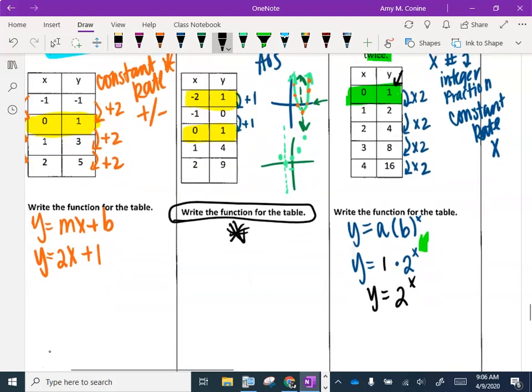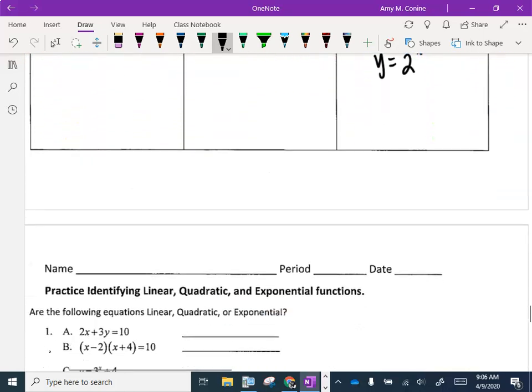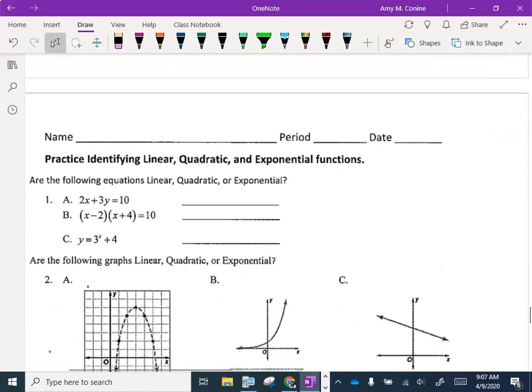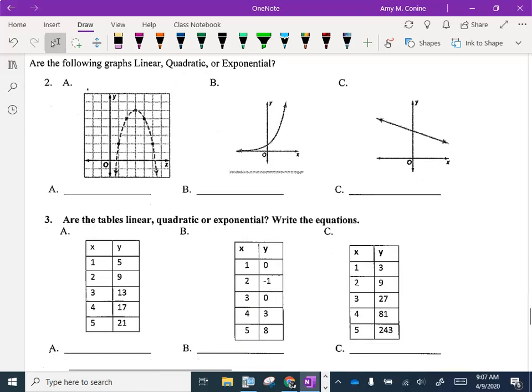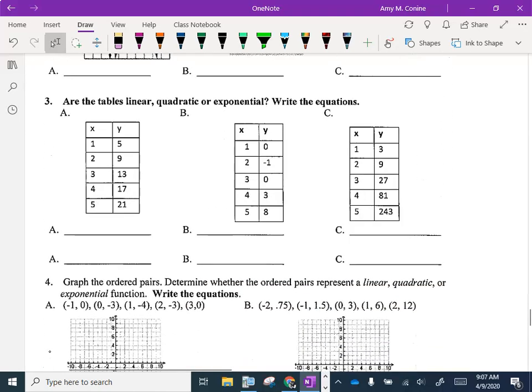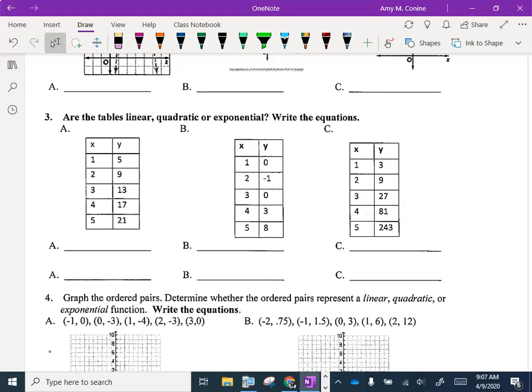All right, so let's go to this part of the practice. All right, so scroll down, we're going to do this part of the practice. So I want to take a look at B. Okay, so B, if we're looking at, is it adding and subtracting on the y side?